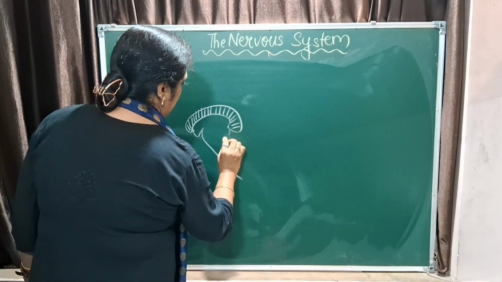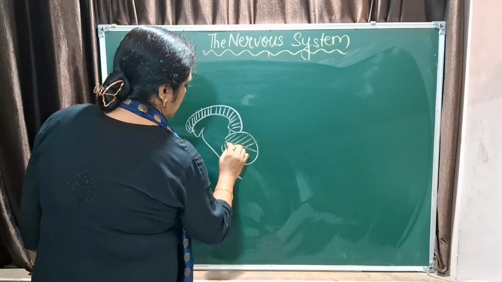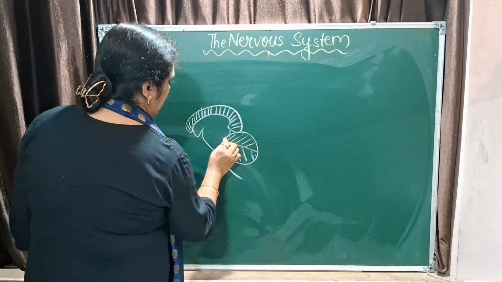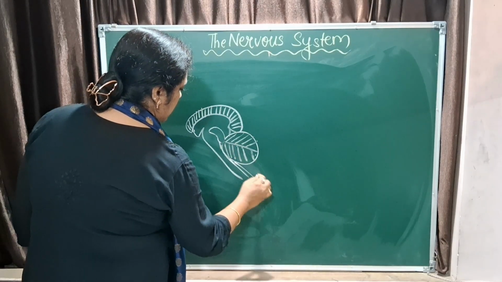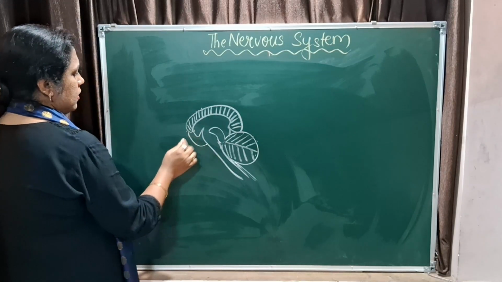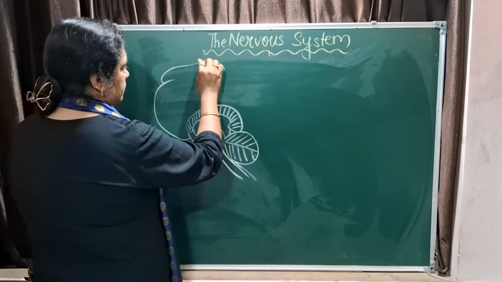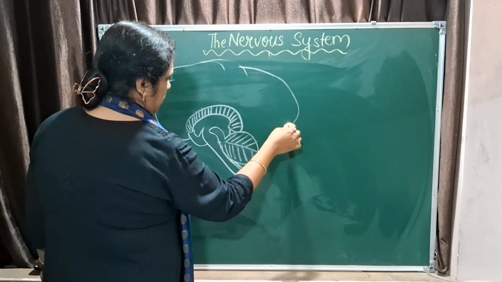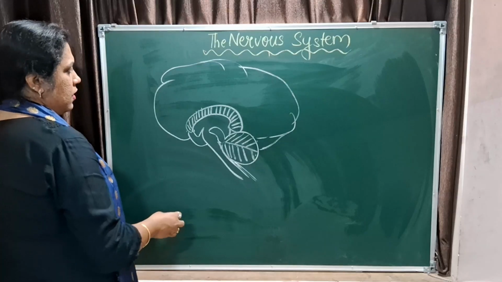I will not be very good in drawing the brain, but I will try my best. This is your cerebellum, here is your pineal gland, here is your medulla oblongata, and this one is your pons. This is your brain structure, correct.